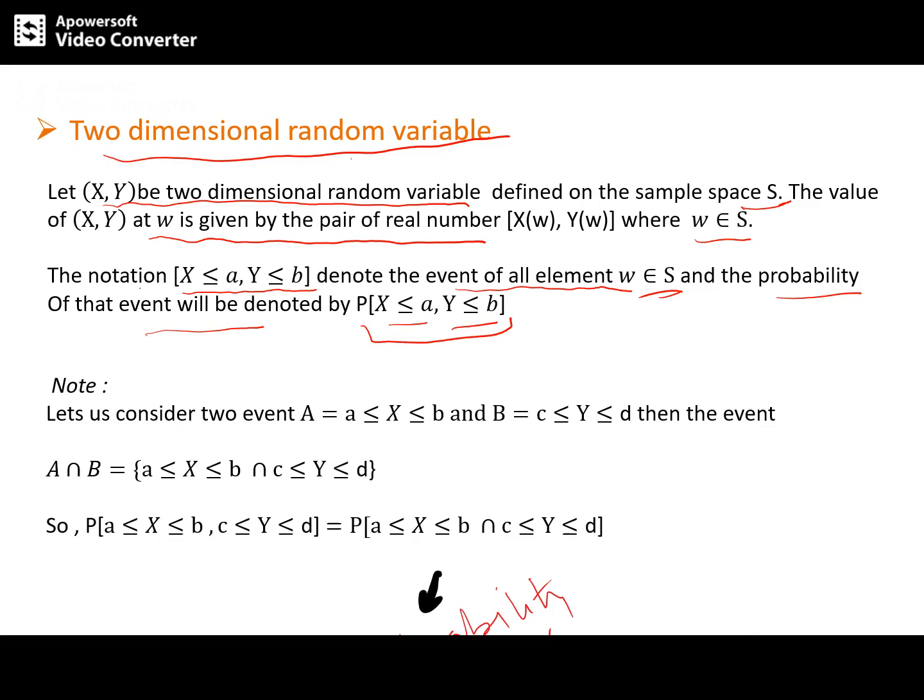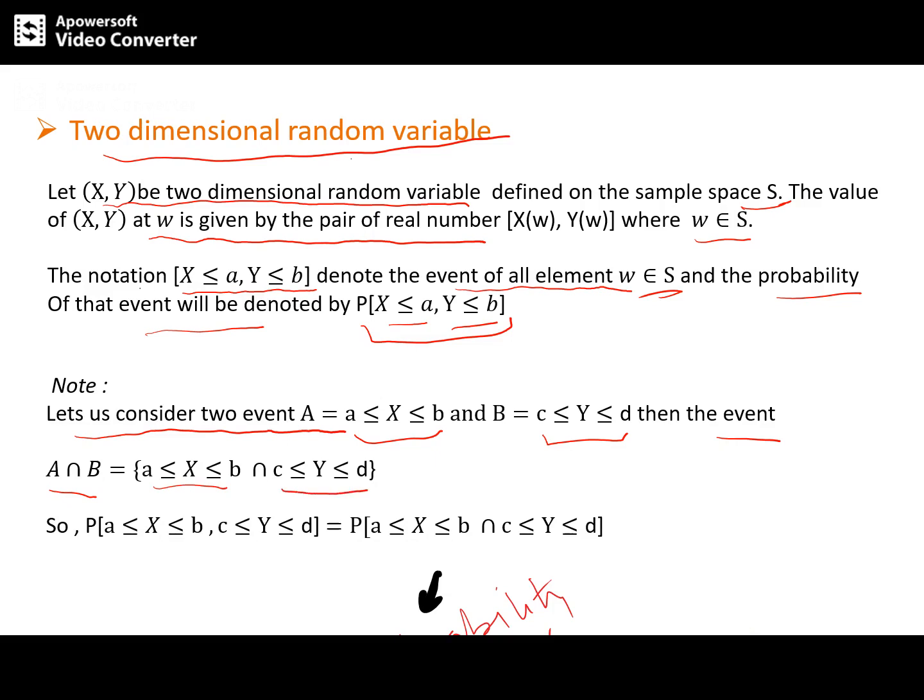Here we note, let us consider two events: capital A, when X lies between a and b, and capital B, another event, where Y lies between c and d. Then the event A intersection B means X lies between a and b intersection Y lies between c and d.